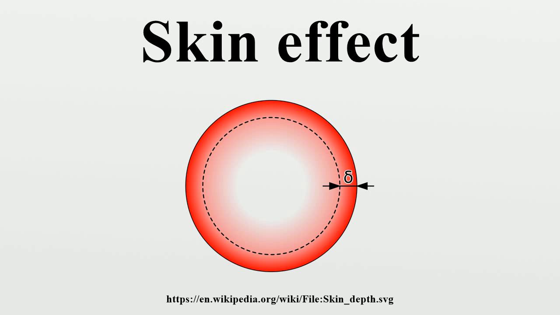When the intensity of current in a conductor changes, the magnetic field also changes. The change in the magnetic field, in turn, creates an electric field which opposes the change in current intensity. This opposing electric field is called counter-electromotive force. The back EMF is strongest at the center of the conductor, and forces the conducting electrons to the outside of the conductor, as shown in the diagram on the right.